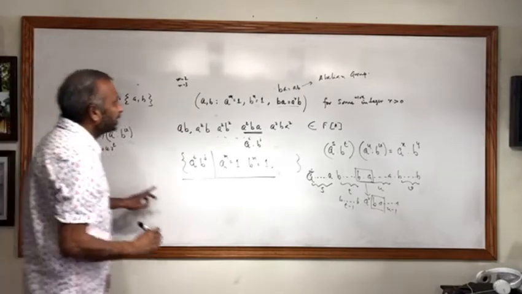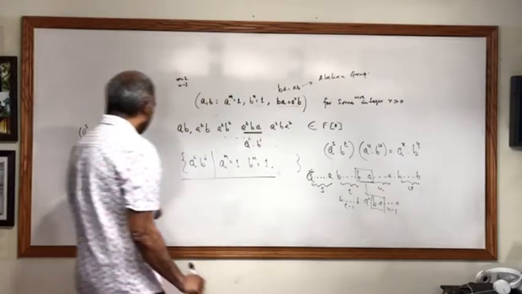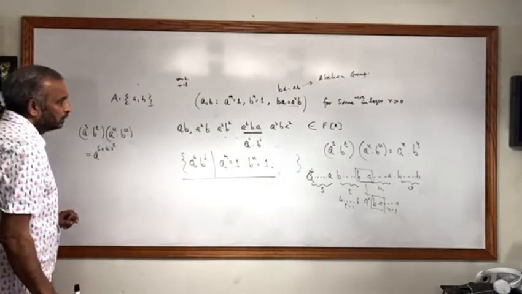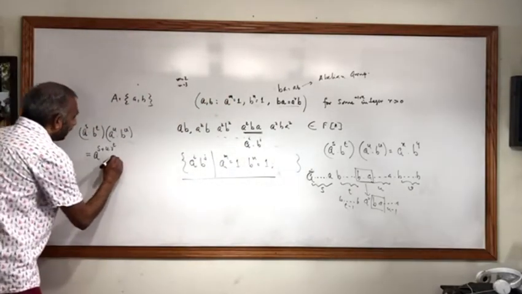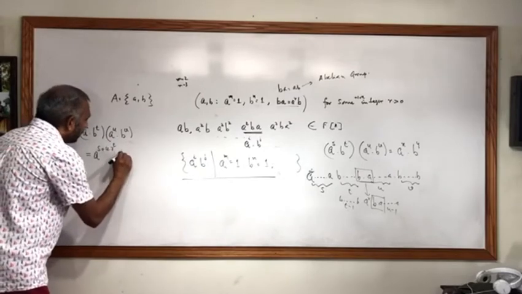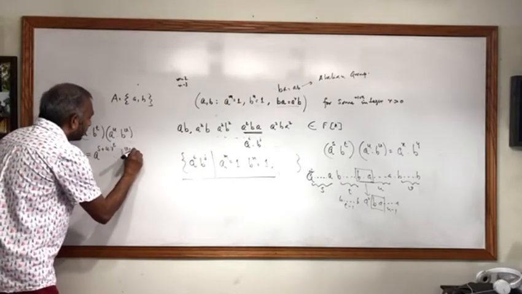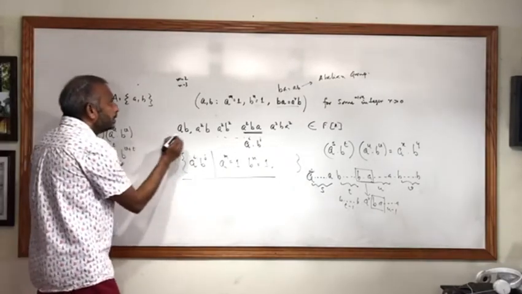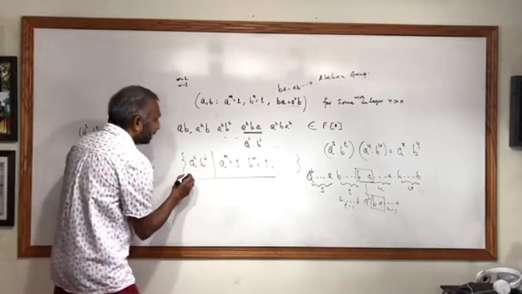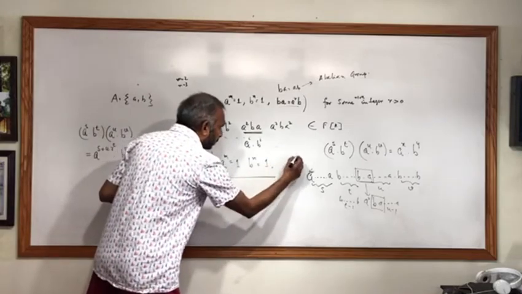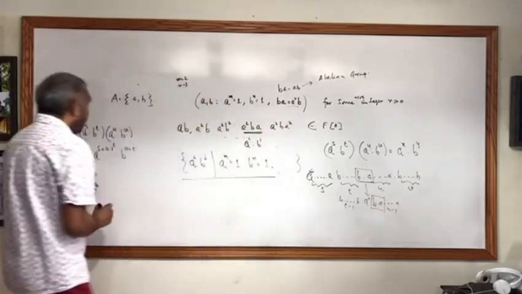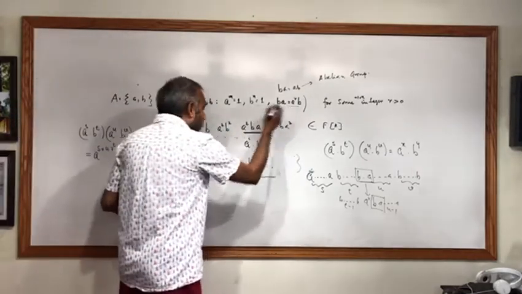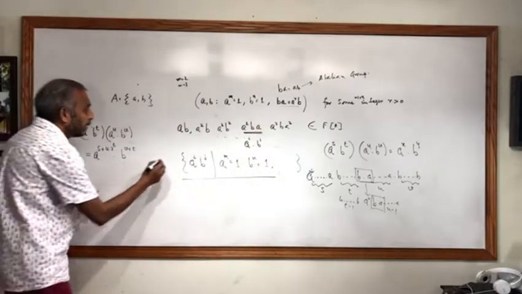This r is this r. If you define the group operation on this set, and with this condition, there is a chance that we can make this a group.